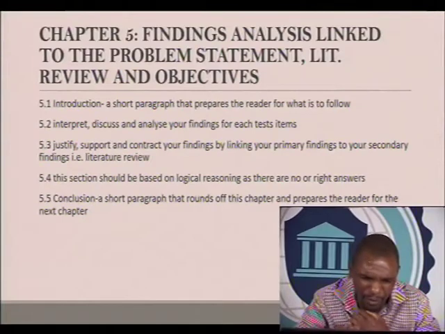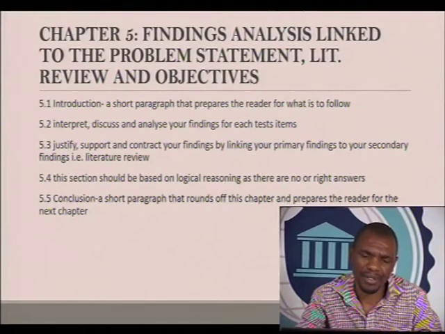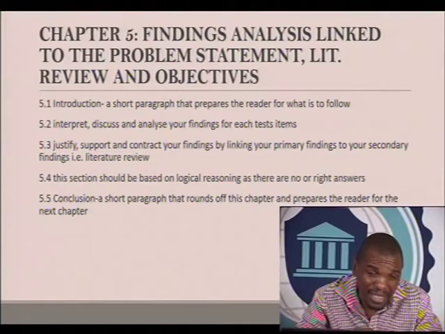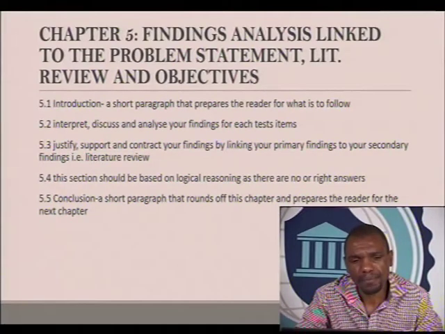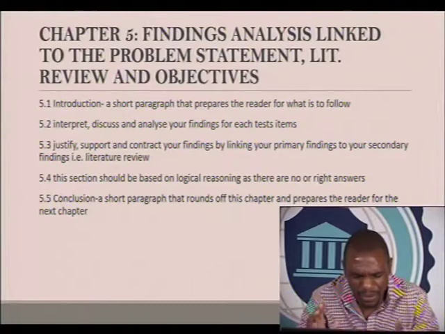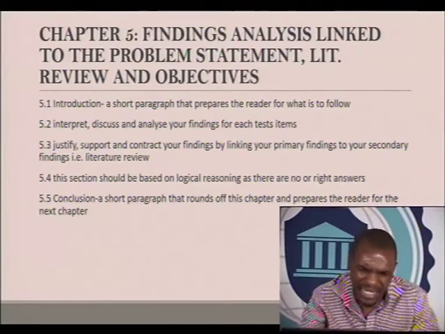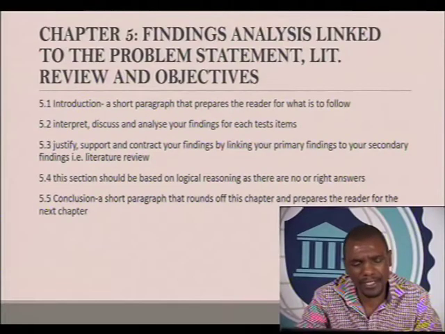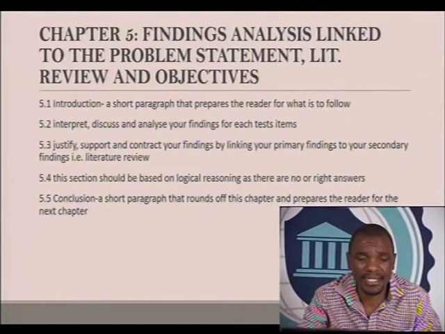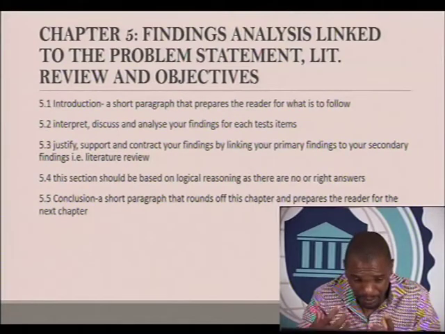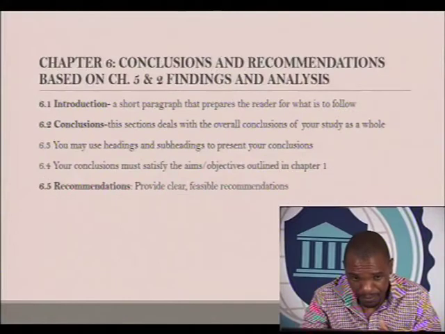Do these findings confirm something about the literature? Do they say something about the objectives? Do they say something about the statement of the problem? And this is where, there's a phrase people normally use, we go to the nuts and bolts of your research in order to make sure that there's clarity on whether you found the answers or not.